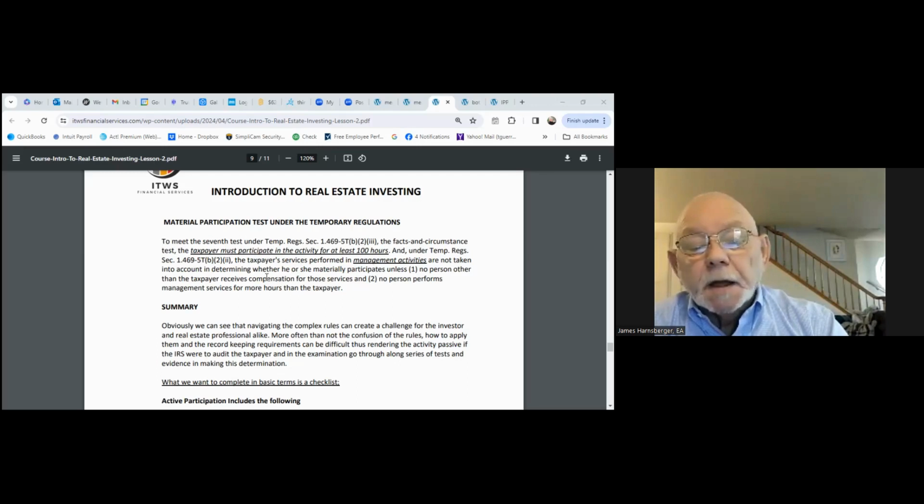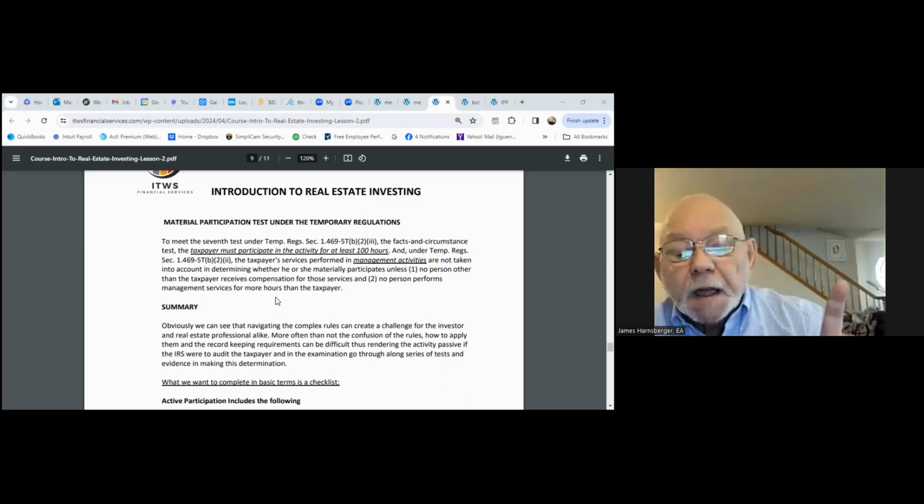Under the temporary regs, the taxpayer's services performed in management activities are not taken into account in determining whether he or she materially participates, unless one, no person other than the taxpayer receives compensation for those services, and two, no other person performs management services for more hours than the taxpayer.